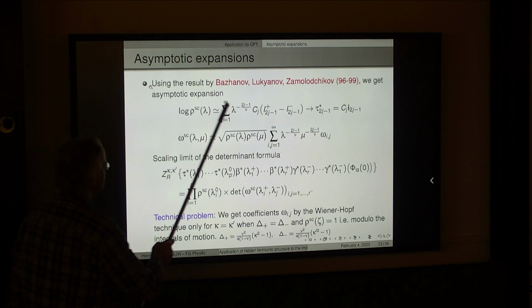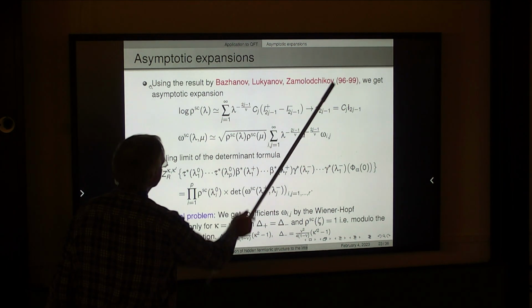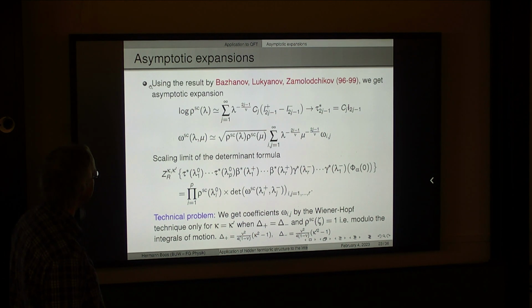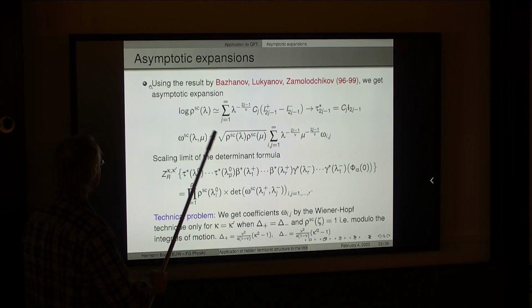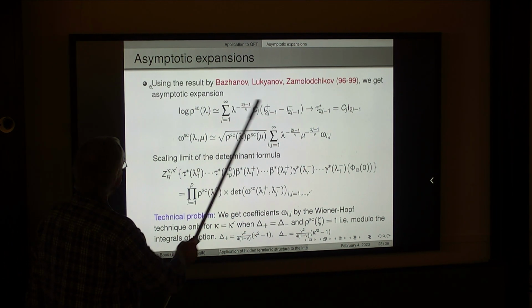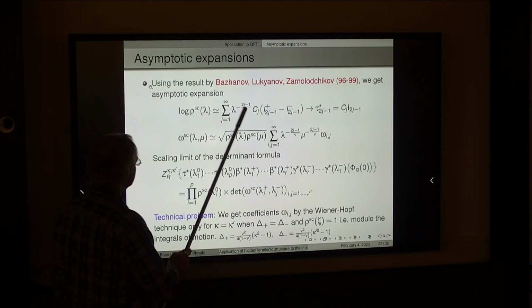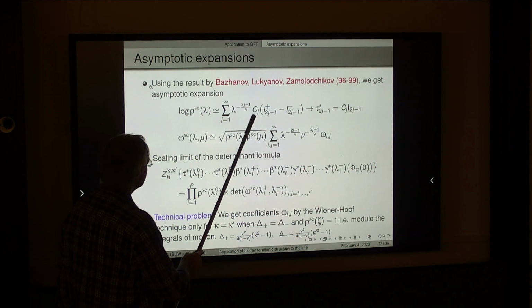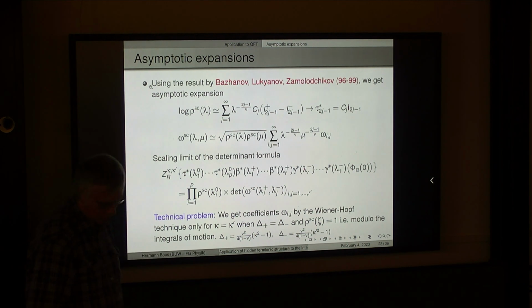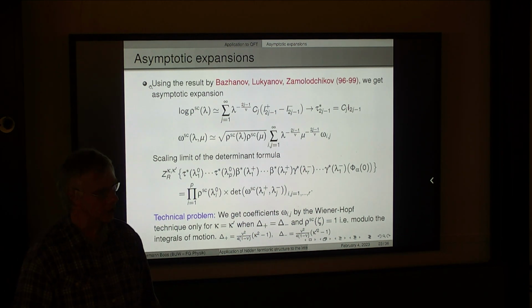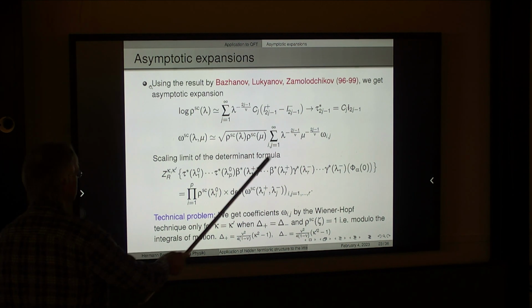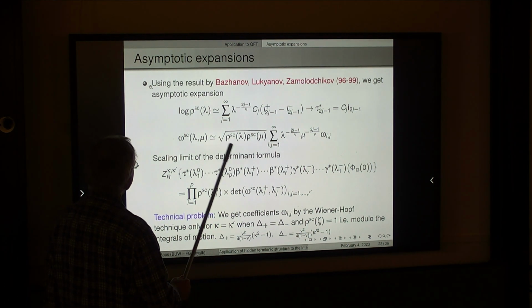So in these very famous papers by Bazhanov, Lukyanov, and Zamolodchikov, the following result was obtained for this rho expansion, and these C, J are constants that Fedya just actually told you. I will not write them again.